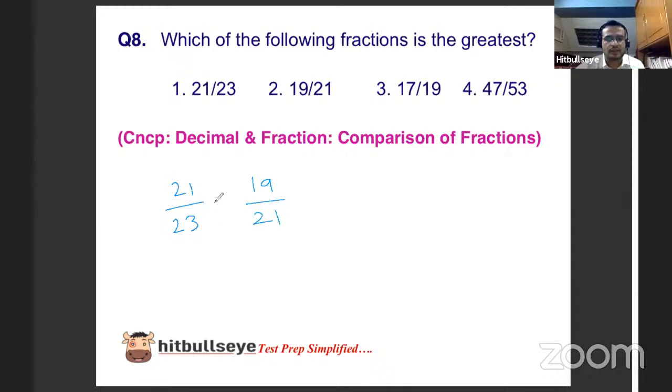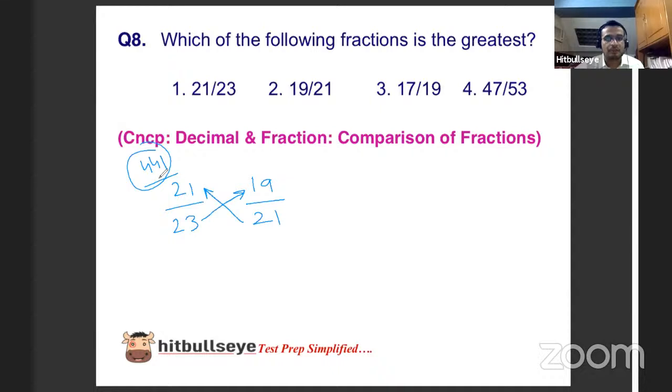I want to see, is it this way, or these are not equal for sure. Which one of these two is greater? Mudit is also saying 1. Okay. What I'll do is I'll just cross multiply the values. 23 into 19 and 21 into 21. 21 into 21 I know is 441.